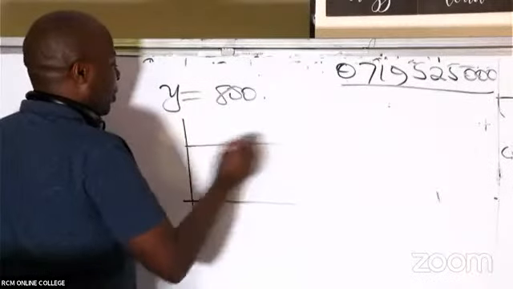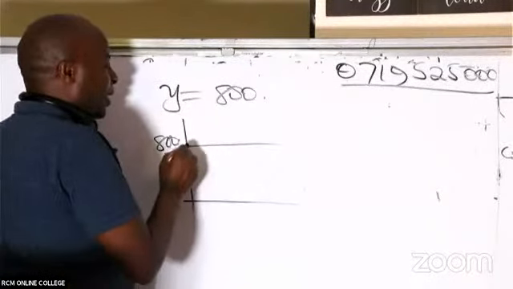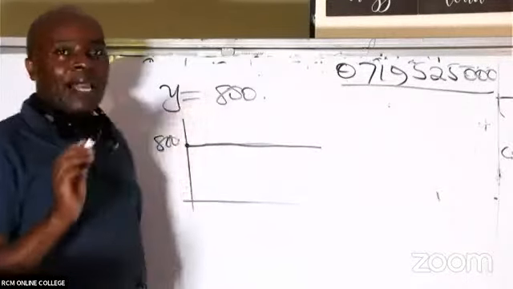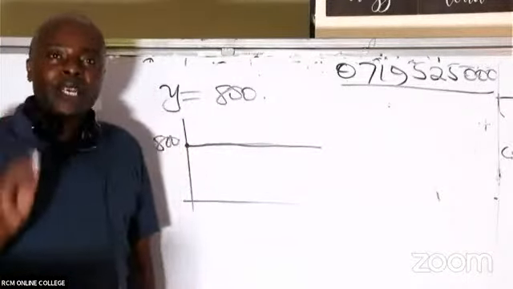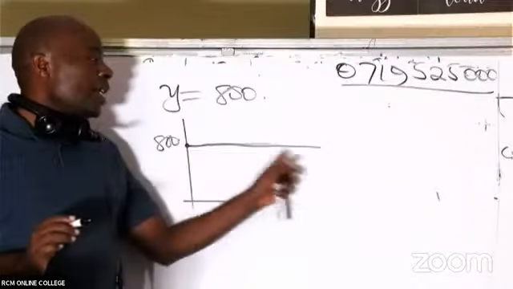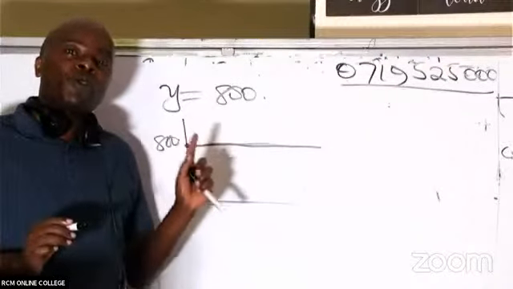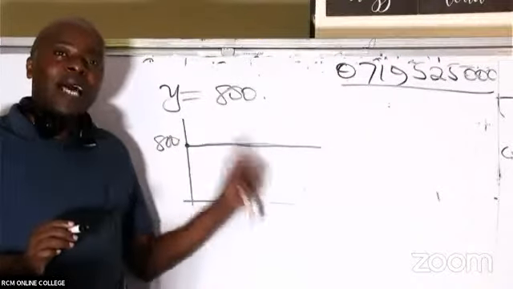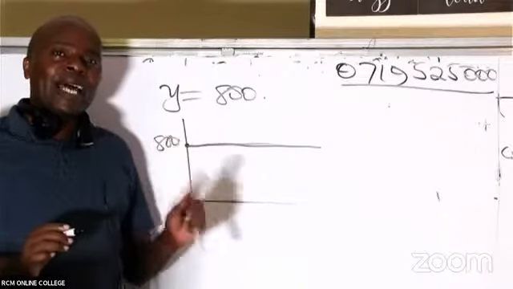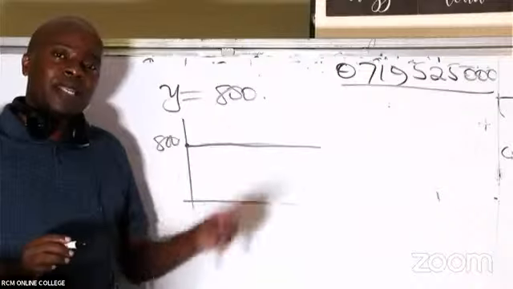If I was to draw y equals 800 on a graph, the line will be flat. It will not have any gradient whatsoever. It does not have any steepness. It's a flat line, and therefore dy dx should be 0.